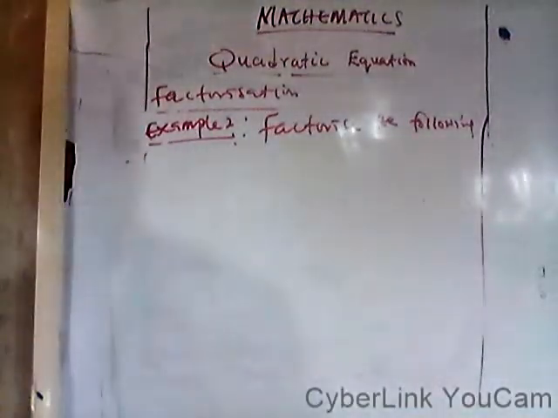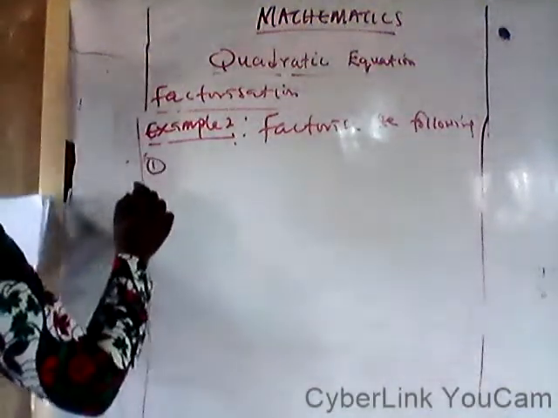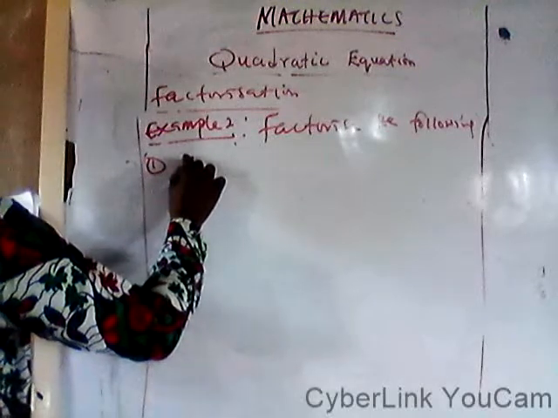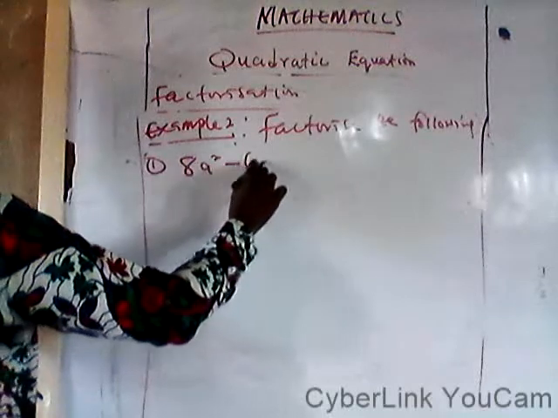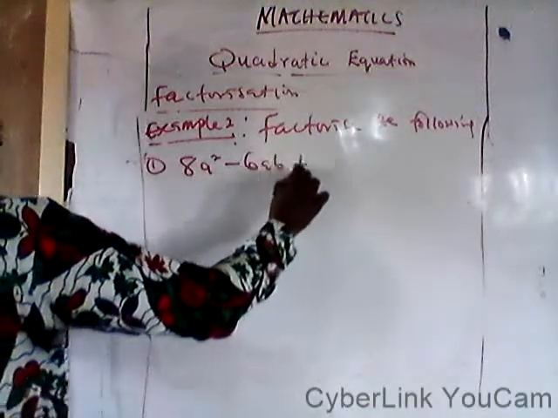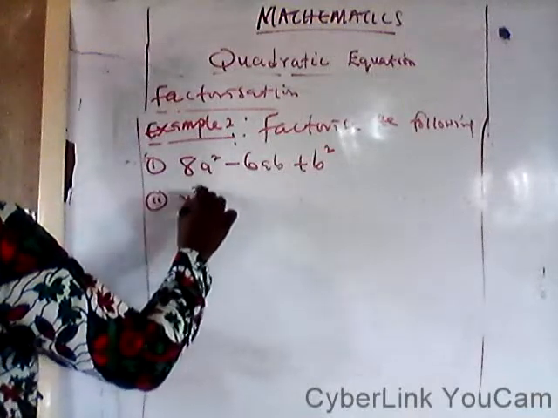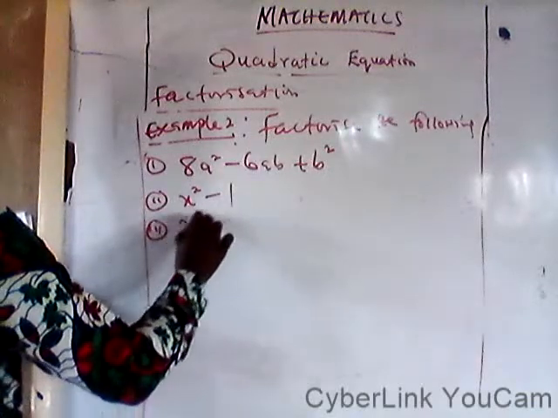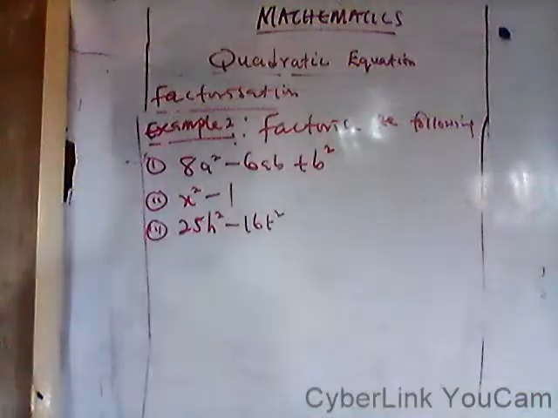The first one is 8a squared minus 6ab plus b squared. The second one is x squared minus 1, and the third one is 25h squared minus 16c squared. So how do you solve the three of them? Let's quickly solve them.